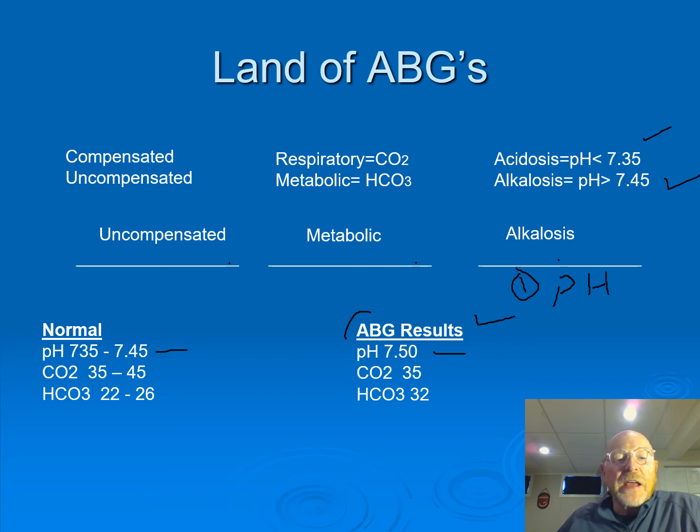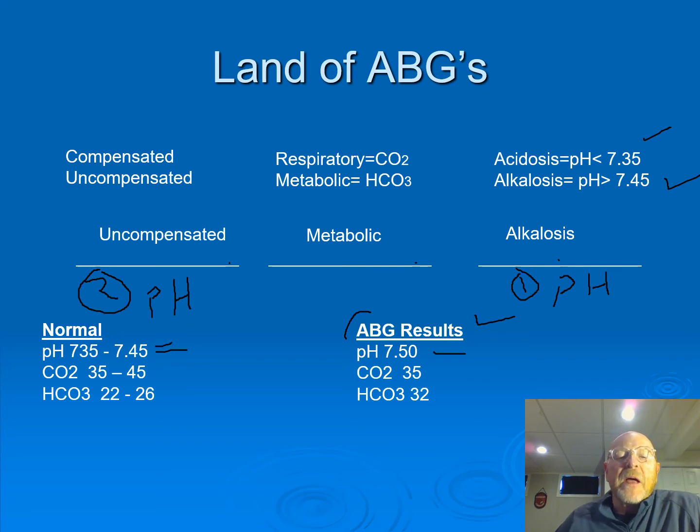The next thing we're going to look at is our first name, number 2. Again, we look at the pH. There are only two possible first names: compensated or uncompensated. For a first name of compensated, the body must have compensated and brought the pH back within the normal range of 7.35 to 7.45.